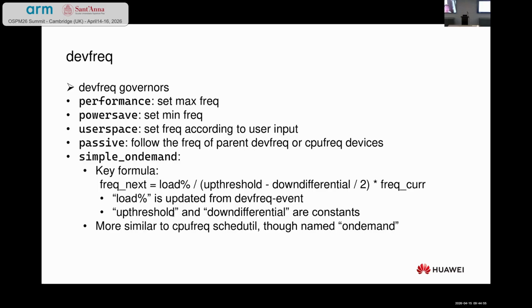So to summarize, this simple on-demand governor is actually quite similar to cpufreq schedutil, because it's like taking the current frequency and multiplying it by a linearly scaled parameter of load.